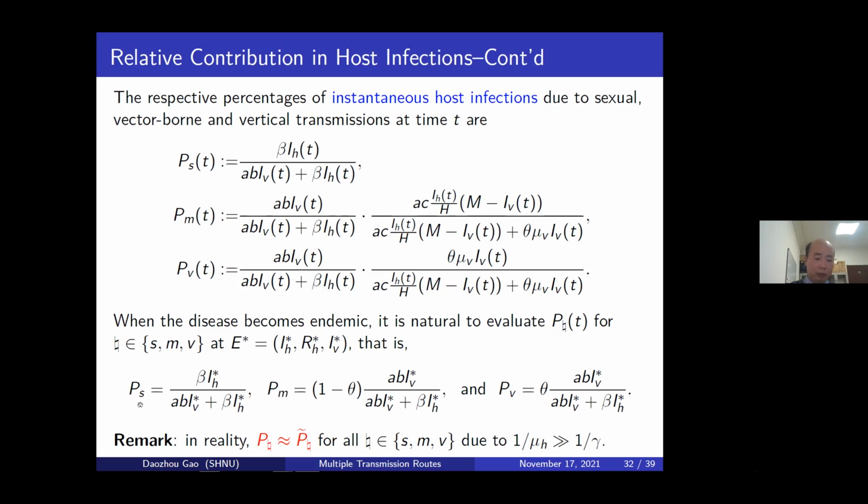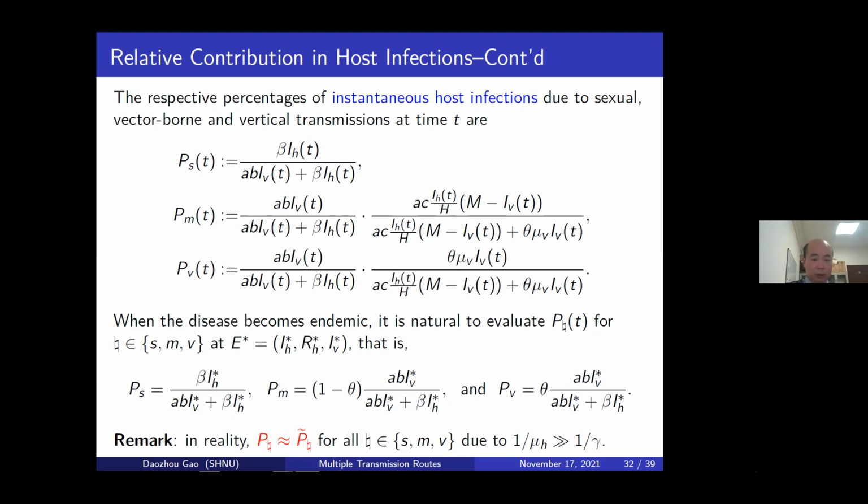So then we obtained PS, PM, and PV, and we find that at the endemic equilibrium, the relative contribution of each transmission route to host infections and to the reproduction number are almost the same.